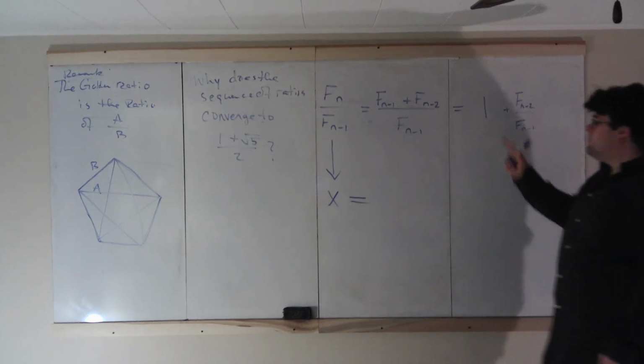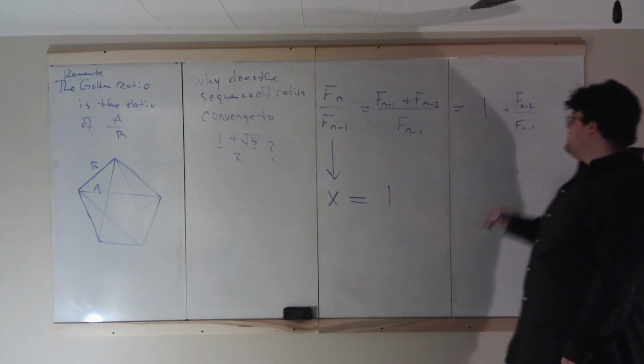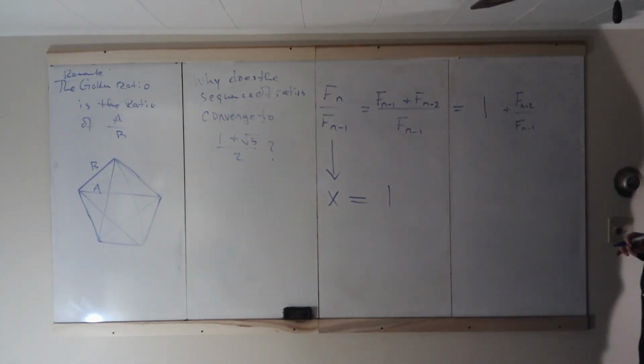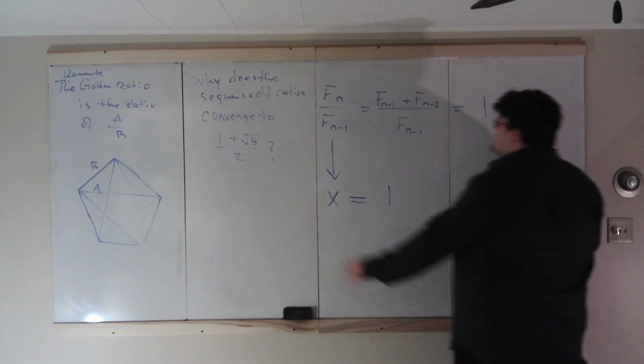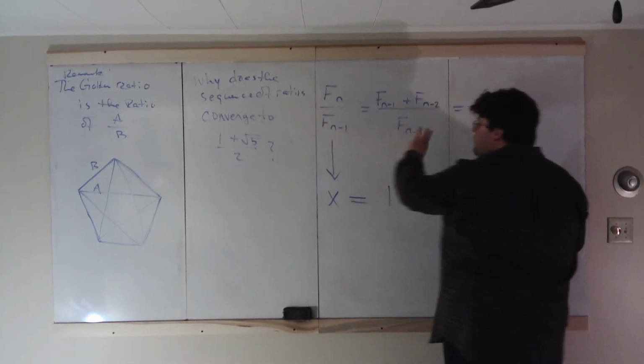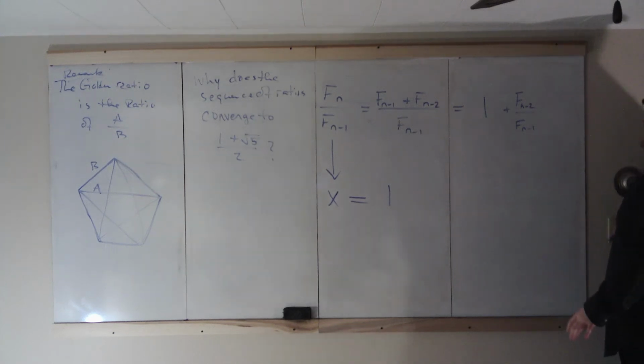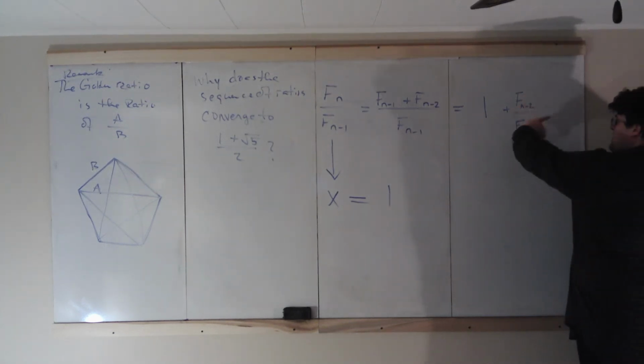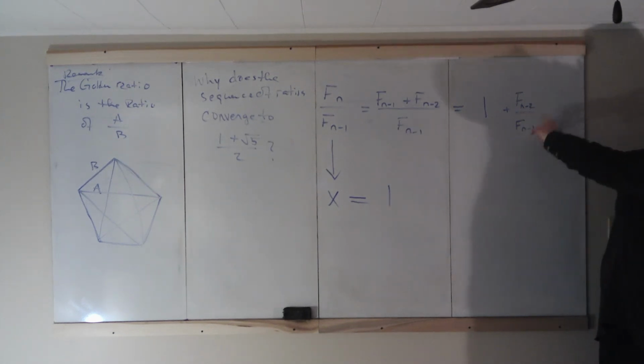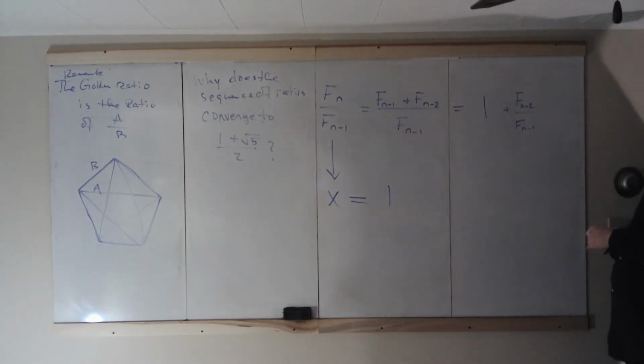Using this equation, well, 1 is 1. What is this? Fn minus 2 over Fn minus 1. Well, this is a number divided by the one before it, and this is that same thing flipped upside down. It's a number divided by the one after it.